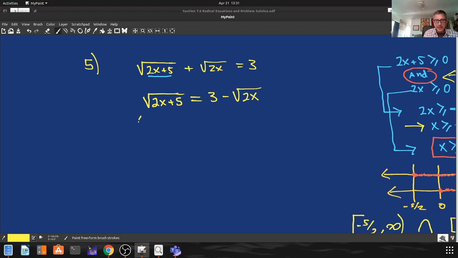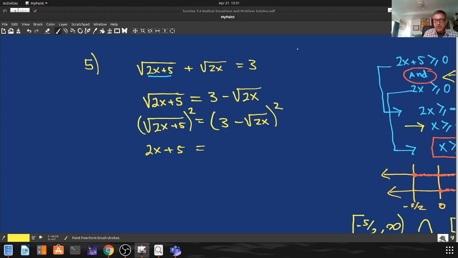So the next step is I'm going to square both sides. And you're going to see it's going to work out great for the left-hand side, but I have to square the entirety of both sides. Not each thing individually, but the entirety. So the square root of 2x plus 5 squared is 2x plus 5.